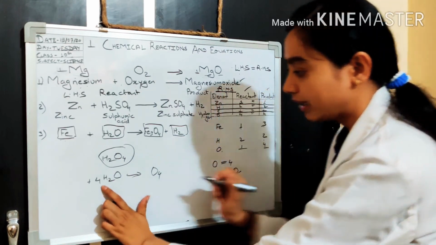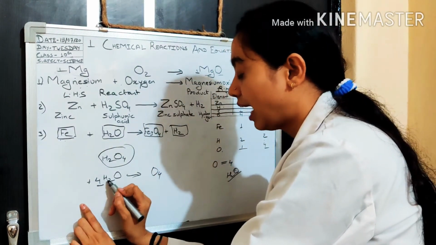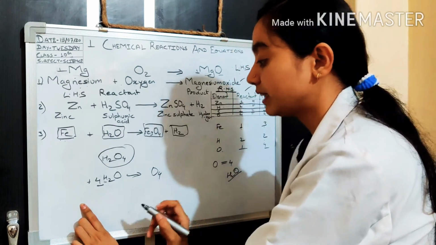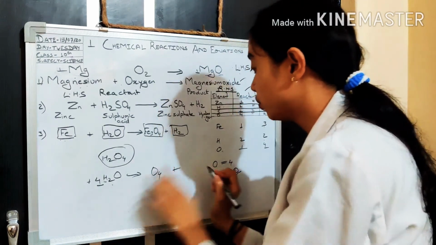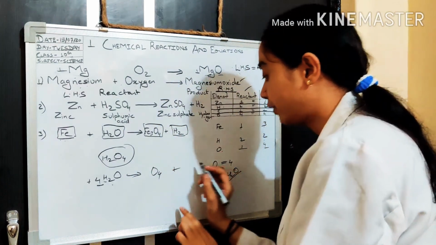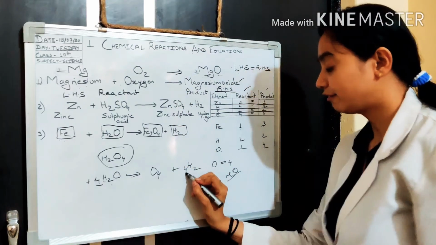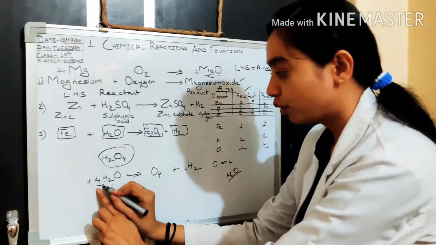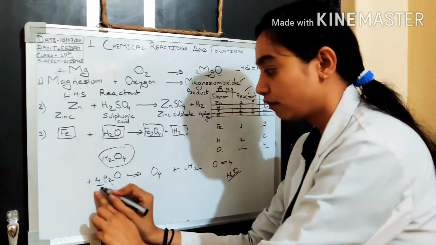But you can observe that due to adding 4 here, the hydrogen atoms become how much? 4 times 2 is 8. So we have to add 4 in the hydrogen as well, so that 4 times 2 is 8. Now 8 hydrogen atoms on this side and 8 hydrogen atoms on that side.